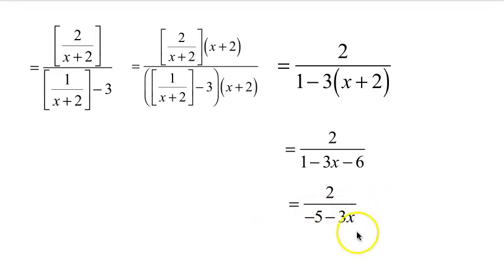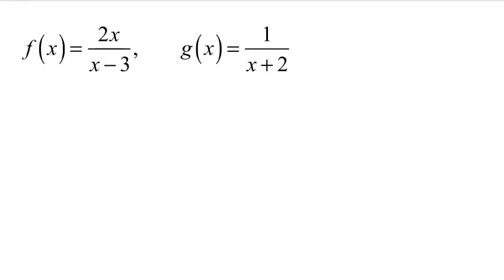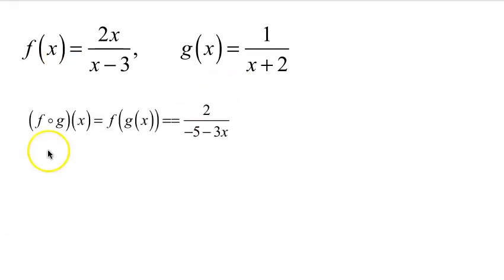And remember, the denominator cannot be 0. We cannot do division by 0, so in terms of our domain, we need to keep that in mind. So here's our functions that we started with. There's f of x and there's g of x. F circle g was this, and our question is, what is the domain of f circle g?